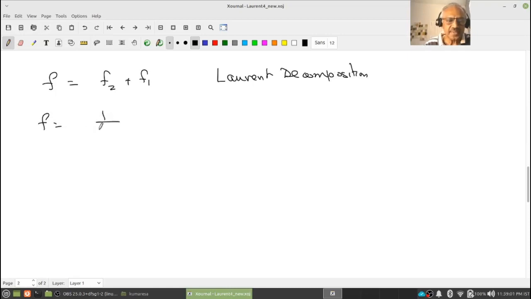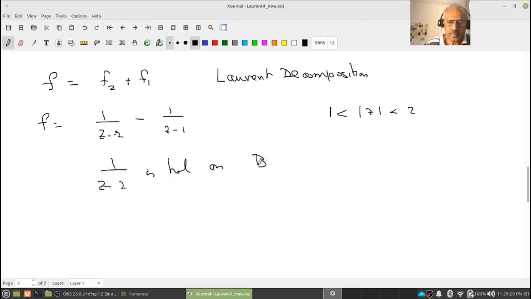Remember, we got it as 1 by z minus 2 minus 1 by z minus 1, and the region is 1 less than mod z less than 2, right? Now notice that this function 1 by z minus 2 is holomorphic on B(0,2). This is your r1, this is r2, so this is already holomorphic, therefore I can take this to be f2.